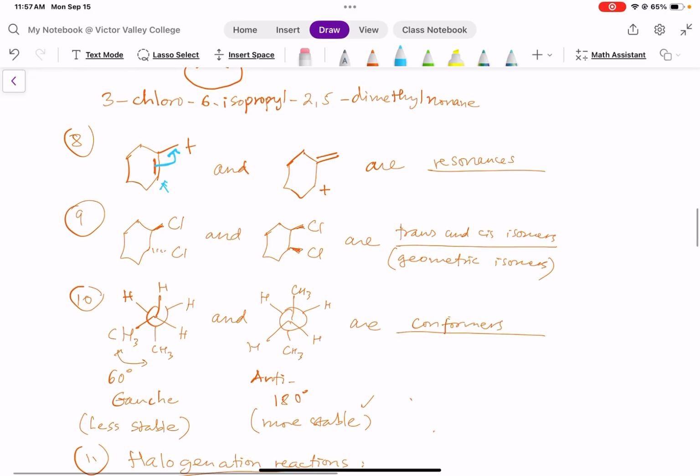If you take the double bond and move it to the outside, we can only do that because it's positive. Positive carbon means missing a bond.